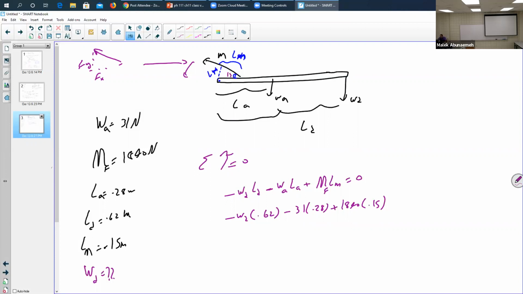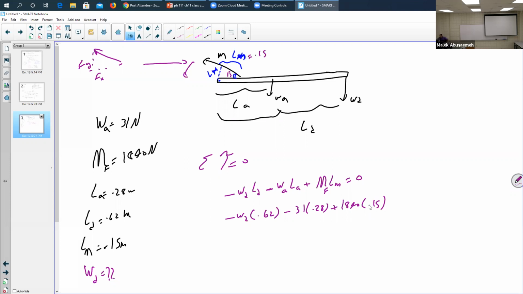Now, this is going to be 13 degrees, having to find the angle. So you're going to go sine of the angle of 13 multiplied by your 0.15.